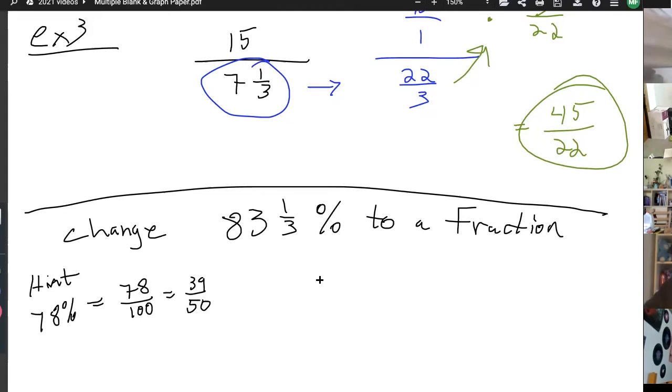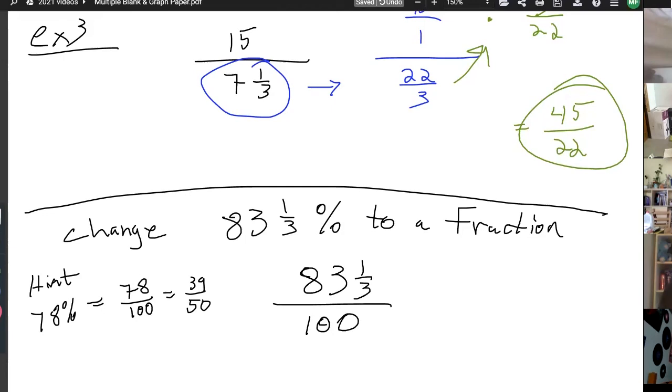All right, I'm moving in. So to change any percent to a fraction, you throw it over 100. 83 1/3 over 100. Anyone want to share their answer before I share mine? Just for fun. You can chat it, or you can say it.